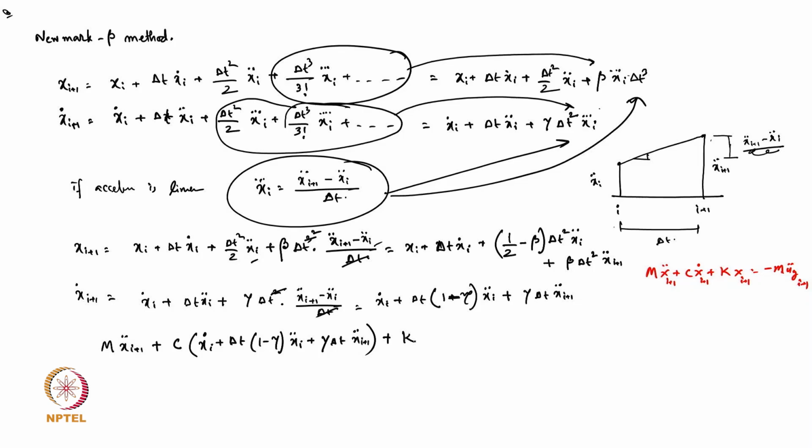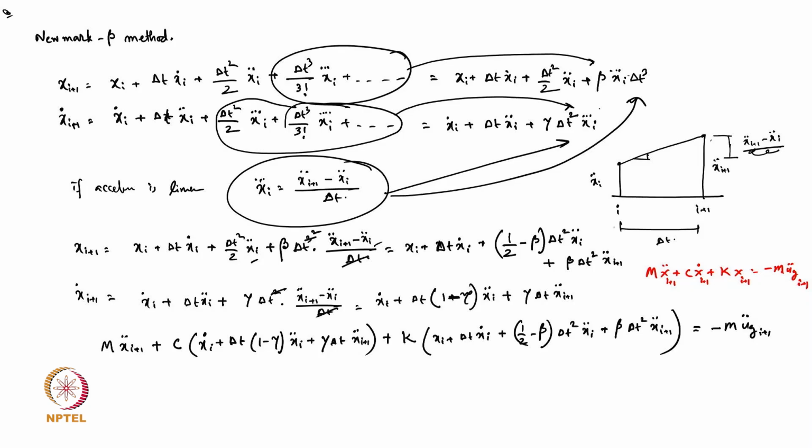plus k into x_i plus delta t x_i dot plus delta t square (1/2 minus beta) x_i double dot plus beta into delta t square x_{i+1} double dot, that will be minus m u_{i+1} double dot.